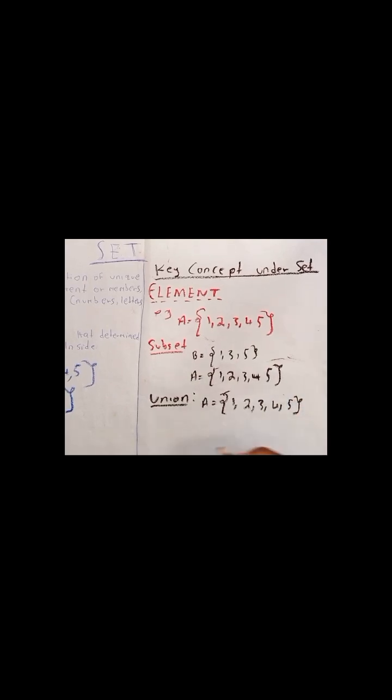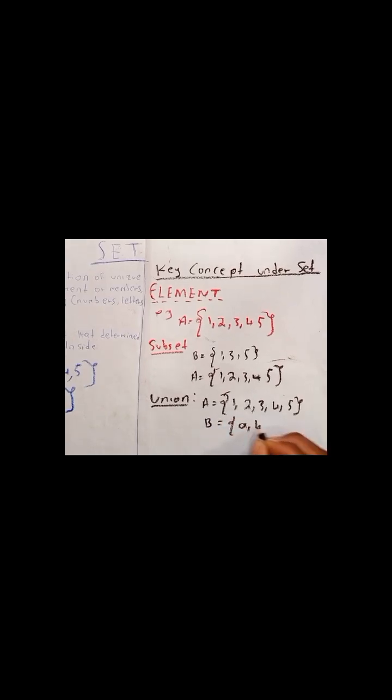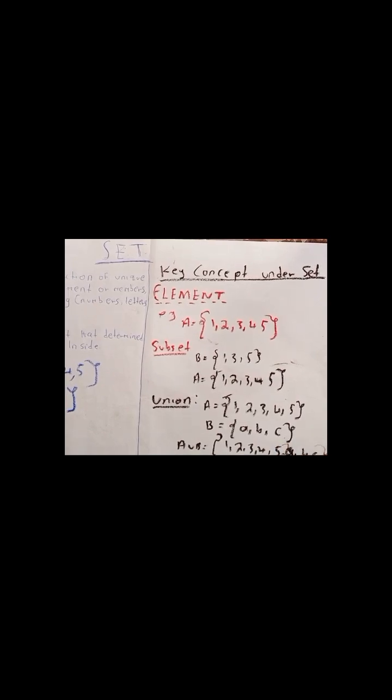These are the elements inside A. And let's have B, with A, B, and C. If we are to find the union of the sets, we list all the members inside A and B. A union B will be 1, 2, 3, 4, 5, A, B, and C. So that's all about union, the combination of two or more sets.